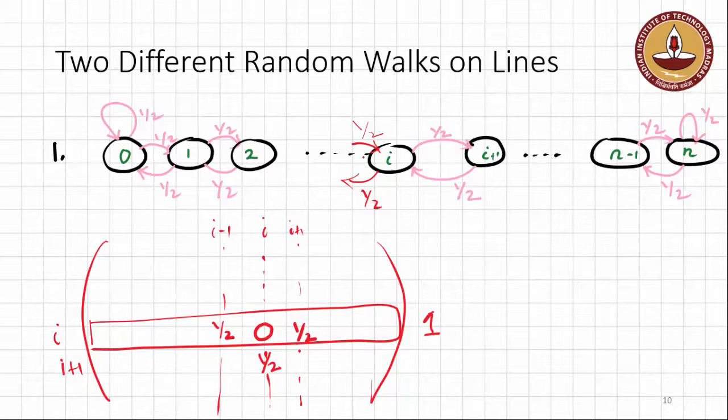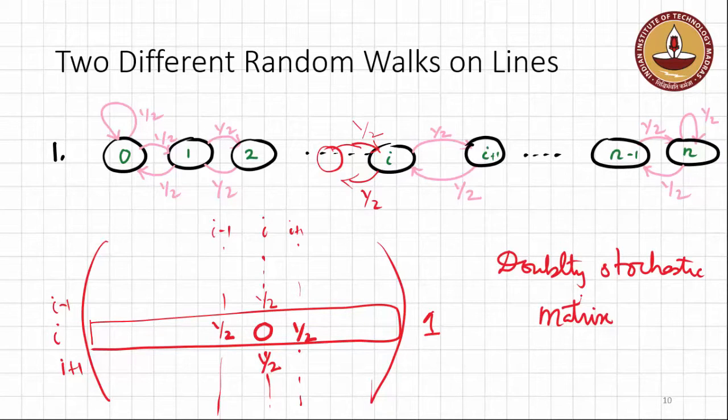And from I minus 1, you can also move in with the probability half. So again, if you look at the columns, the probabilities add up to a half. So what we have here is a doubly stochastic matrix, which immediately should tell you that the stationary distribution is the uniform distribution.